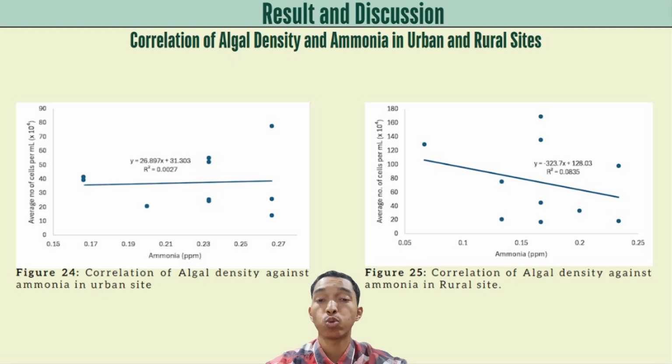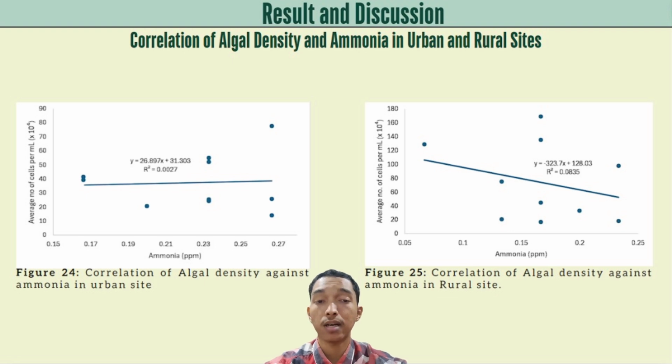This graph in figure 24 shows a slight inclination in the correlation between algae density and ammonia levels in urban environments. As ammonia levels increase, there is a minimal increase in algal density.